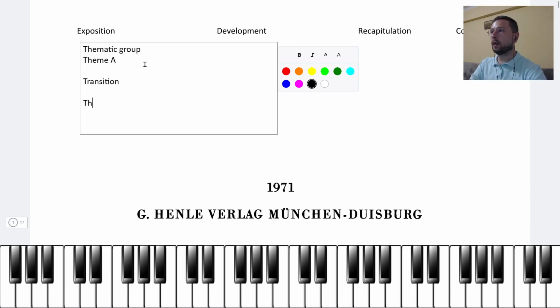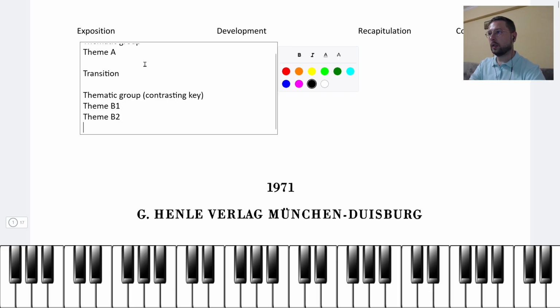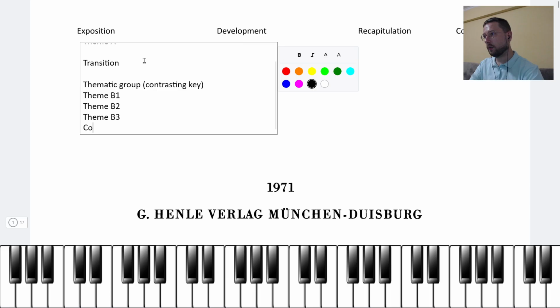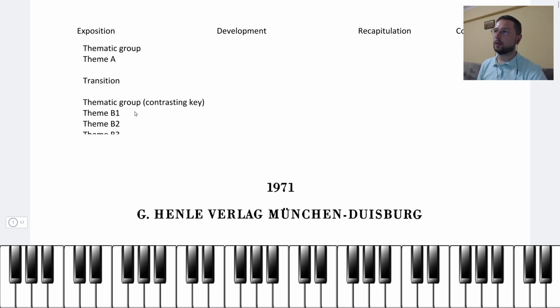And then we'll find a second thematic group of a contrasting key. And in this case, we're finding at least three different themes: B1, B2, B3, and usually a closing idea or a codetta, right? A closing theme.